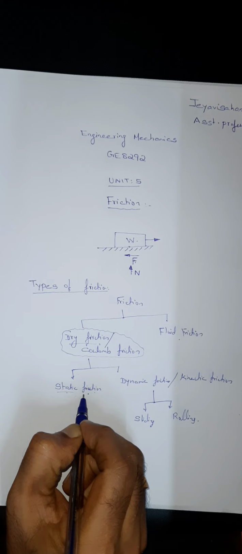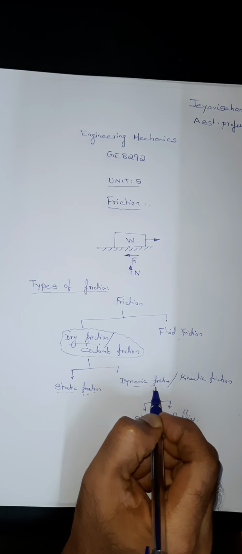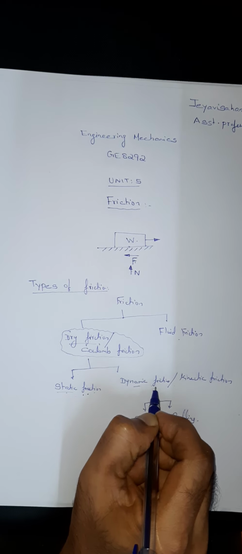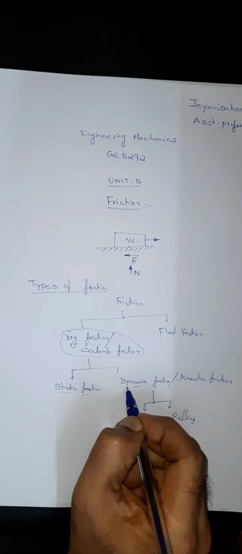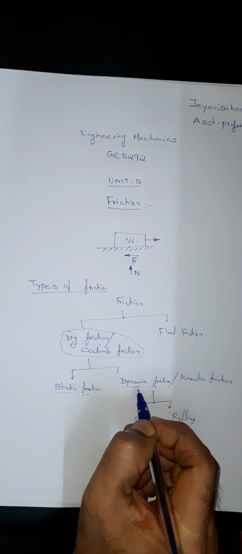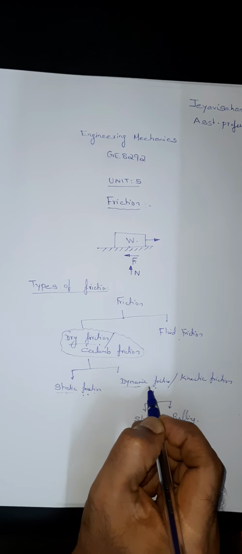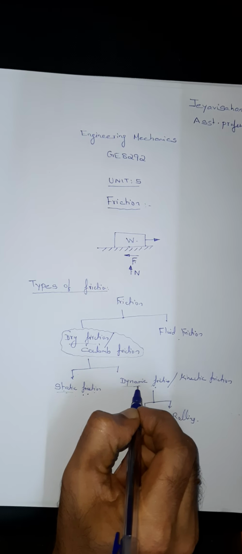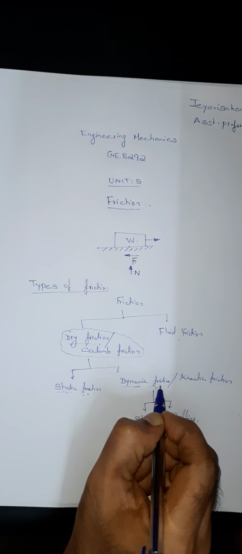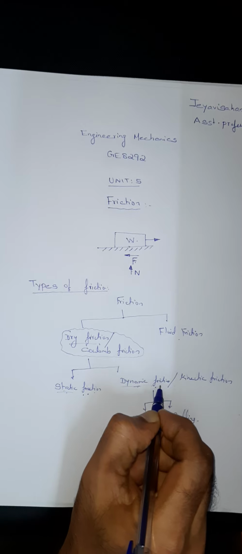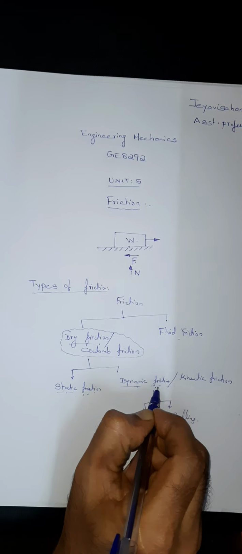Then what about dynamic friction? It is the friction experienced by a body during motion. You all know the meaning of dynamic, right? It is during motion. Static is rest, dynamic is motion. So dynamic friction is the friction experienced by a body during motion.